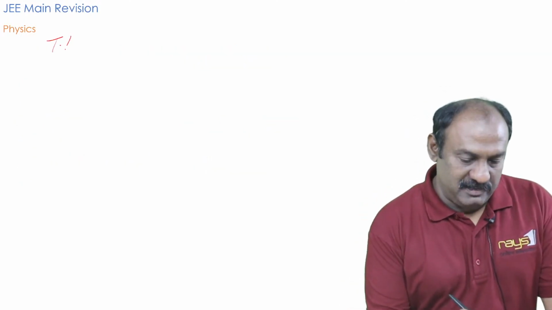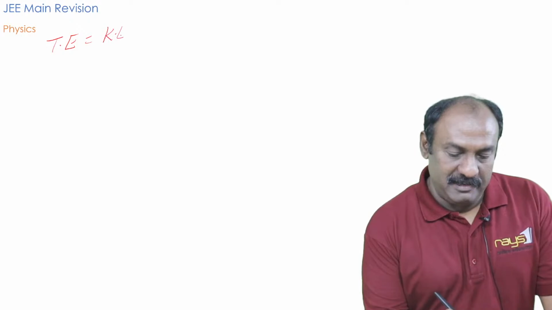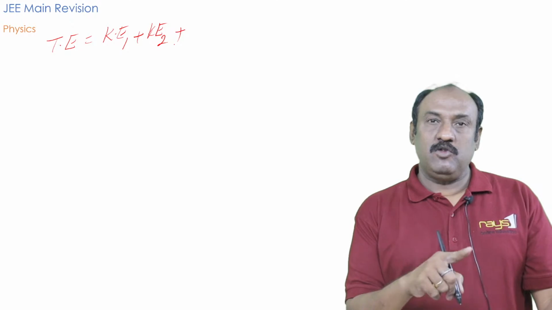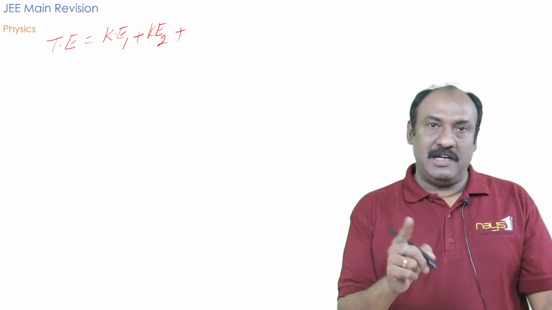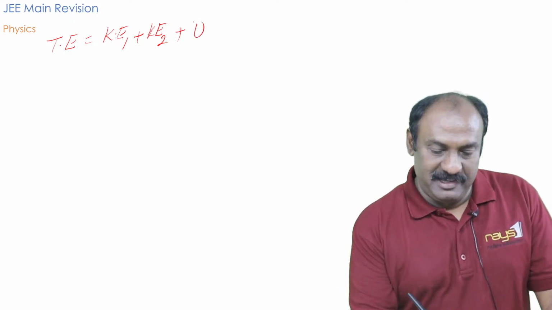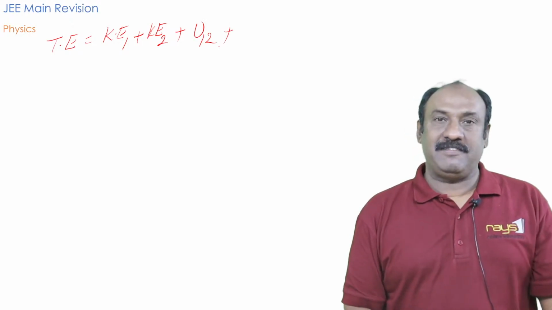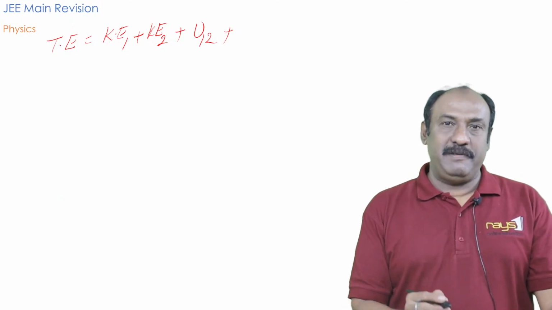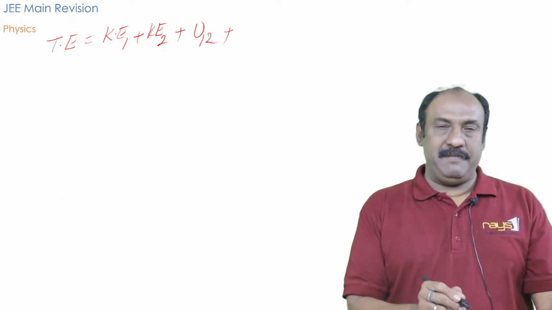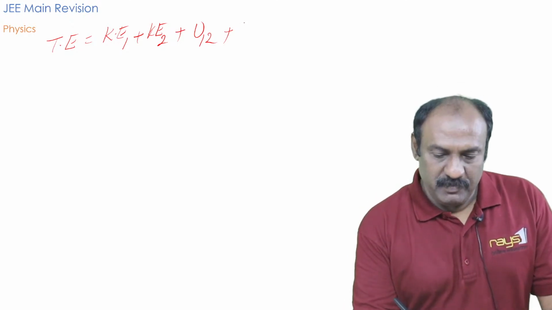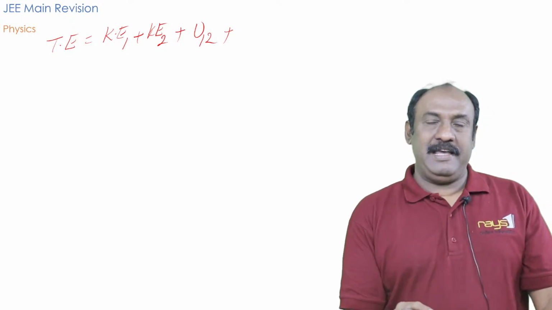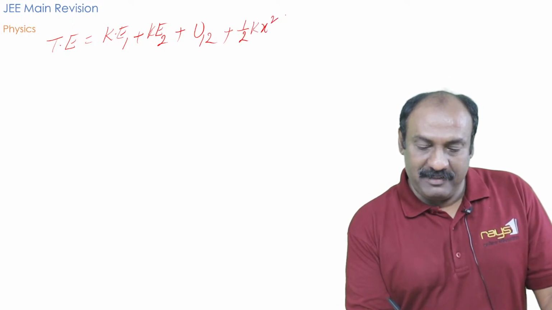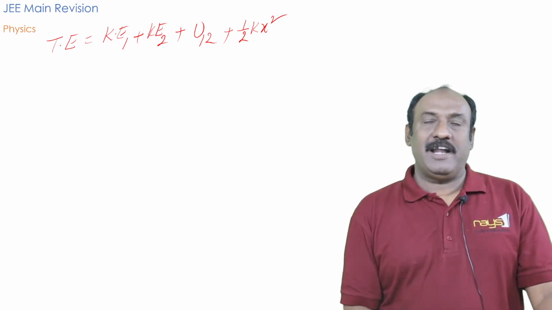So total energy of the system is equal to the kinetic energy of the first particle plus the kinetic energy of the second particle, plus these two particles have some charge, due to that there will be electrostatic potential energy between the two particles, plus at the same time there will be a spring force between these two charges at equilibrium. Here the spring force will be kx. So due to that the energy stored in the spring is half kx square. So this is the total energy of the system.